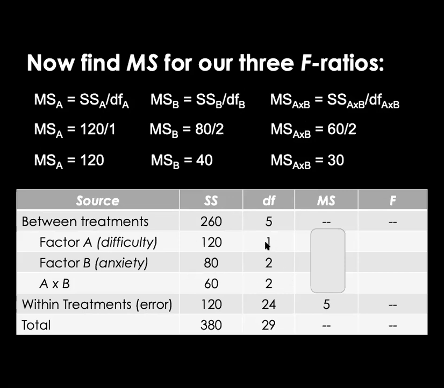So you should pick up on a pattern here, right? We're going to be taking 120 divided by 1 to get the mean squared for A, 80 divided by 2, and 60 divided by 2. And here I've done these calculations going down. So mean squared for the interaction is 60 divided by 2. That equals 30. So pretty easy computations. And then plug the values that you compute back into the summary table.